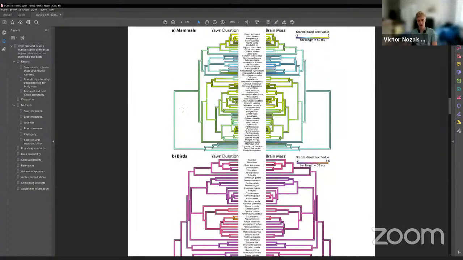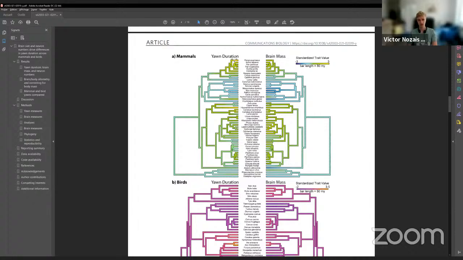The more informative one will be later, but it's a nice figure showing the standardized trait value, the trait being either the yawn duration or the brain mass here, for the mammals and the birds. So it's the color that is encoding the trait value, and it is put on the phylogenetic tree of each clade.